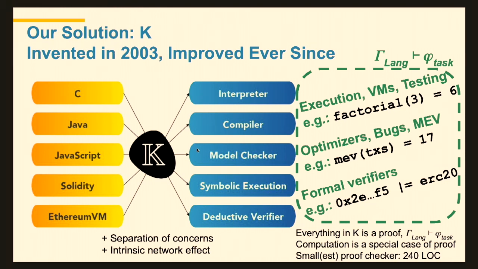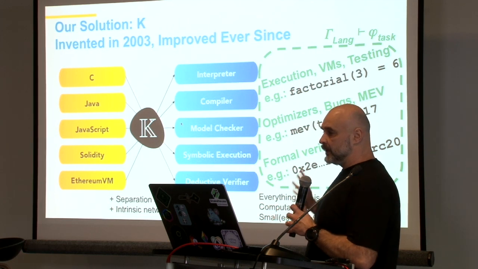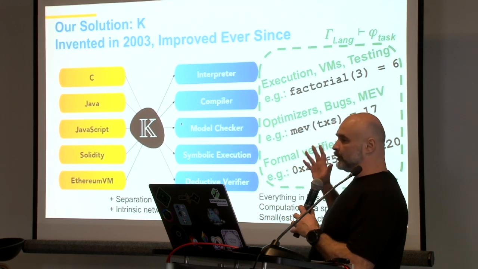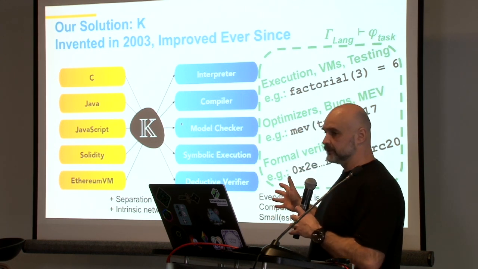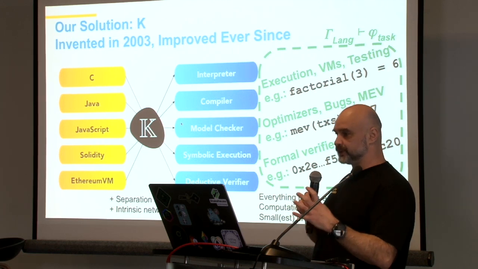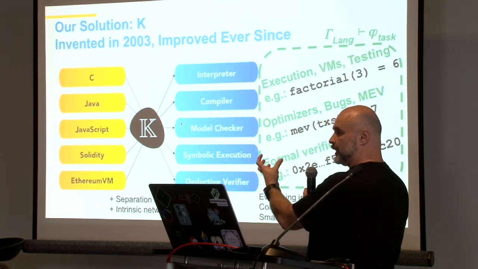It basically separates completely languages from tools. So all the tools are implemented in a language agnostic way, or language parametric way. And there is a language of K, a meta language, that allows you to define languages in it. Okay? So you define every language that you want to support, and then plug it into the framework. So plug and play your language and you get your tool.